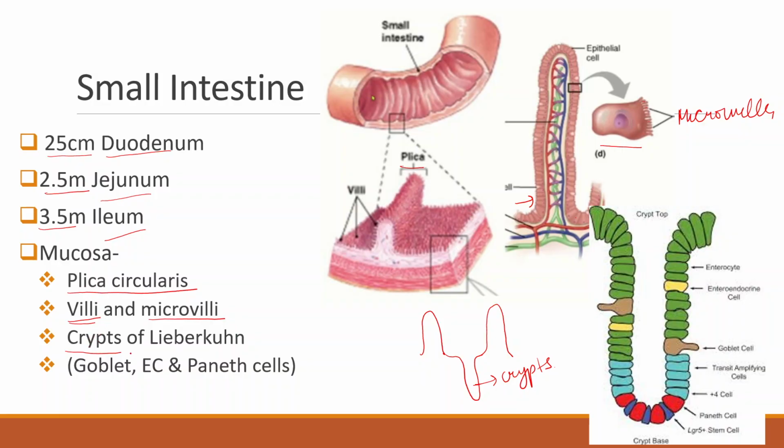So what is crypts then? This is also important. Crypts of Lieberkühn, what are these? So crypts have cellular structure like this, and the most important cell here is the Paneth cell. Paneth cells are basically stem cells which help in origin of all the rest of the cells, right? So stem cells are present here, and they basically keep on transforming into various cells: goblet cells, enteroendocrine cells, right?